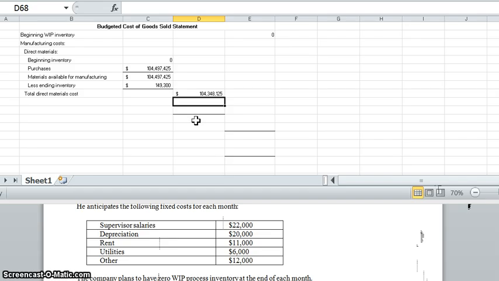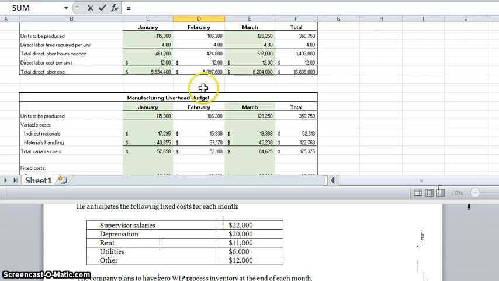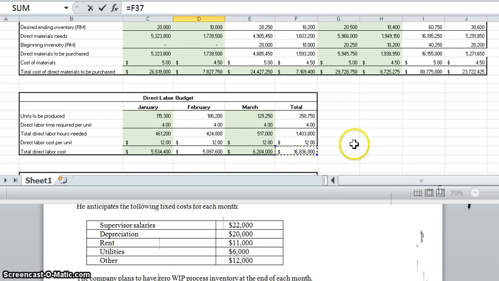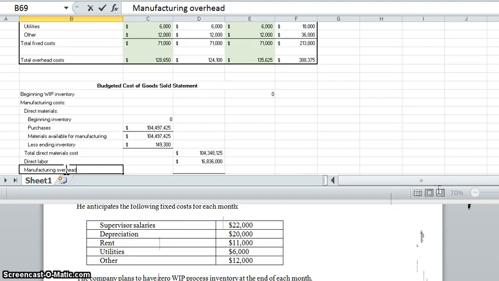Next, we're going to need our next manufacturing cost, which is direct labor. Let's go up to our direct labor budget. Total for the 3-month period, $16,836,000. And then our last one is going to be that manufacturing overhead.